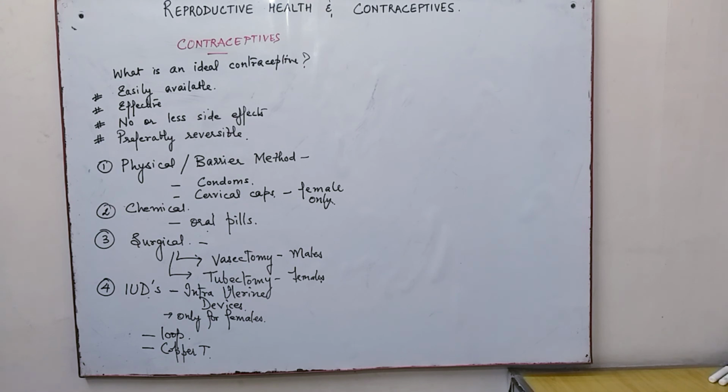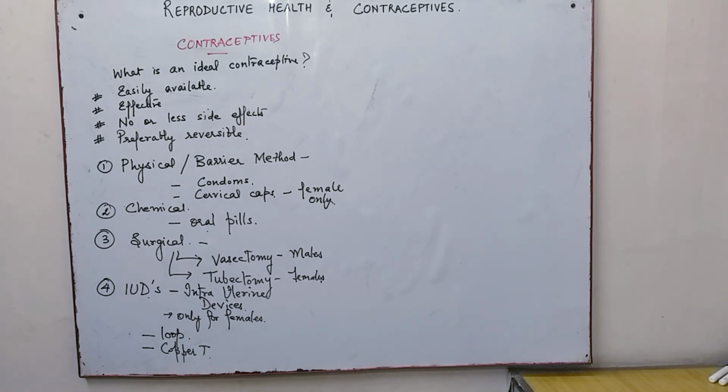Now there are certain side effects of the chemical methods, because when a person uses oral pills, it disturbs the hormones of the person, and therefore certain kinds of side effects may happen. But in spite of that, it is being used extensively. The IUDs are commonly used, and they are reversible. That means when the couple wants a child, these can be removed and pregnancy can happen.